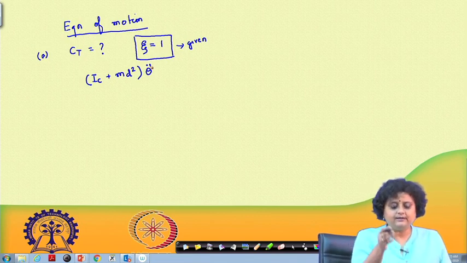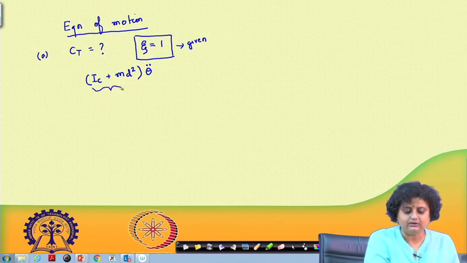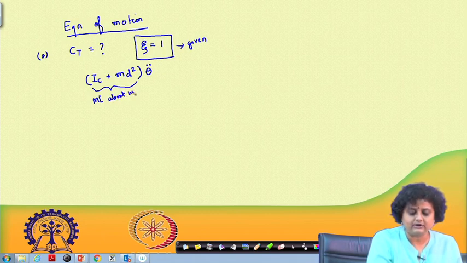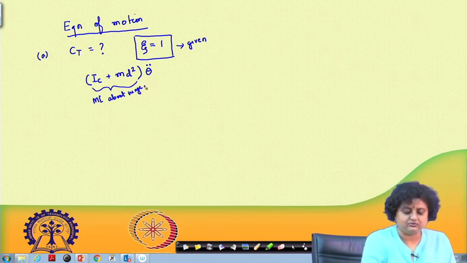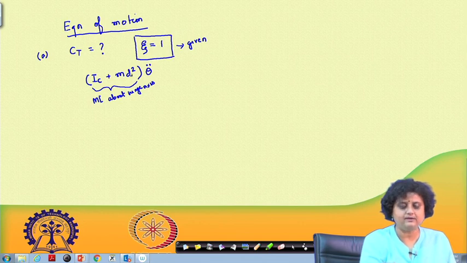So, because it is about the hinge of the door, I need to find the moment of inertia about the axis about which the rotation is happening. Okay, hinge axis. Let me call this the hinge axis. IC is about the centroidal axis and MD square is translating it to the hinge axis.